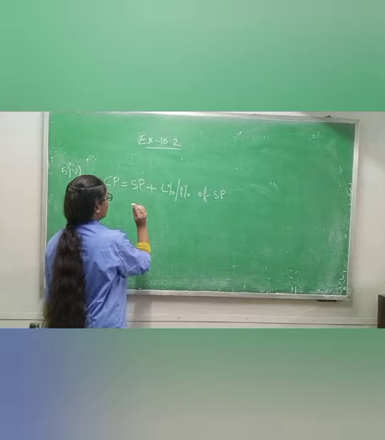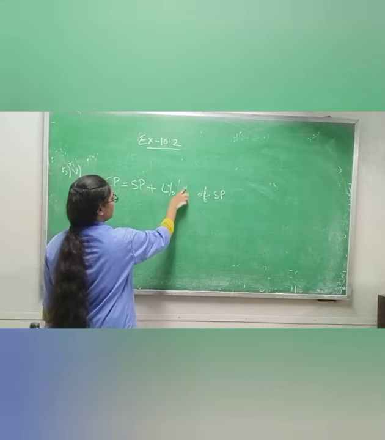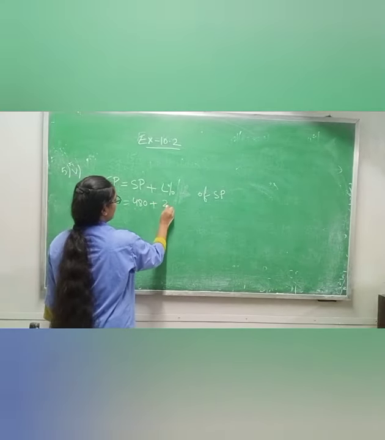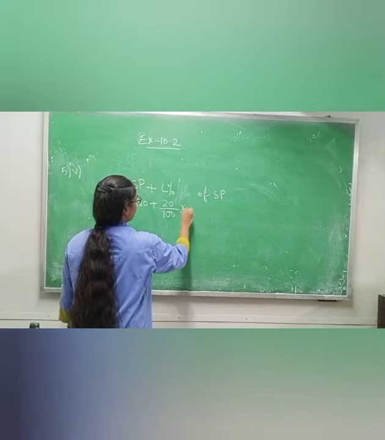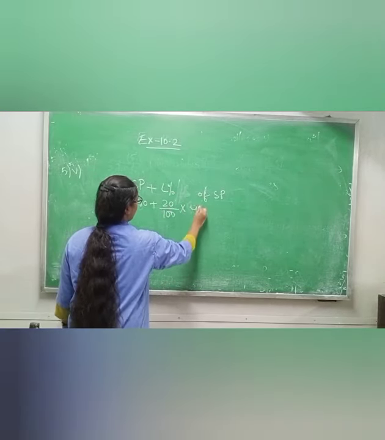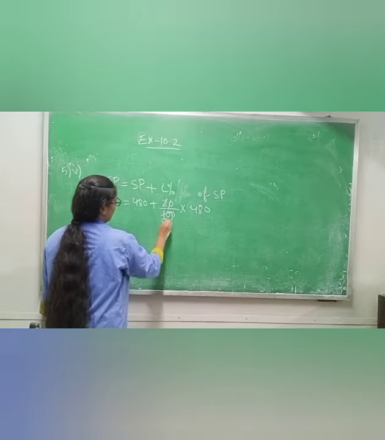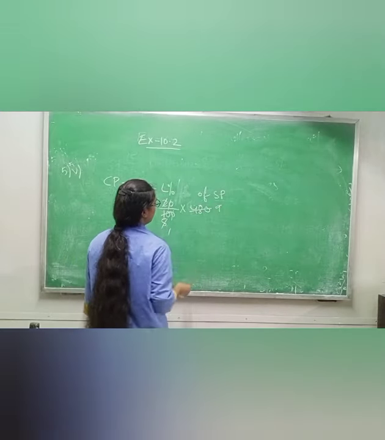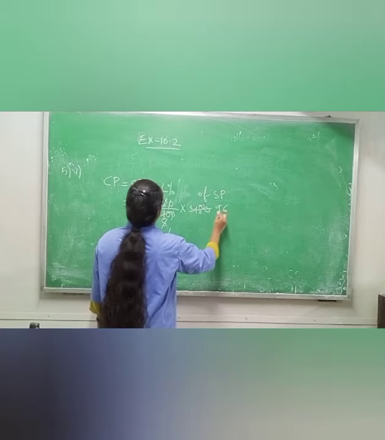In our case it is loss, so the formula will be CP equals SP plus loss percentage of SP. SP is 480 plus loss is 20%, so remove the percentage sign, give 100, of means multiplication, SP is rupees 480. Zeros cancel, 2 fives are 10... 5 9s are 45, 96.